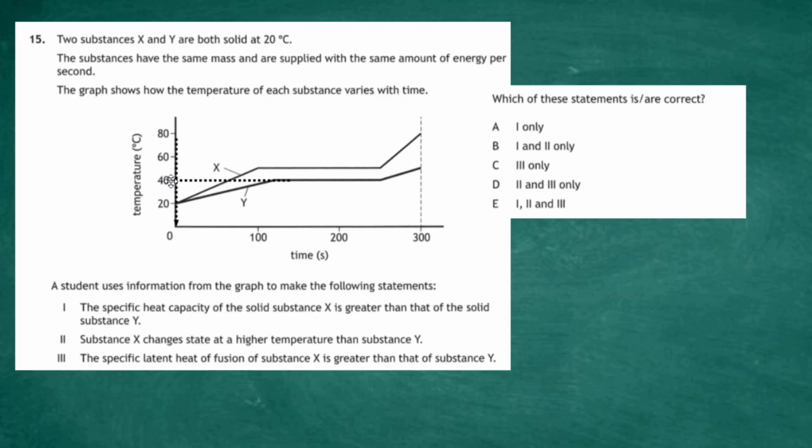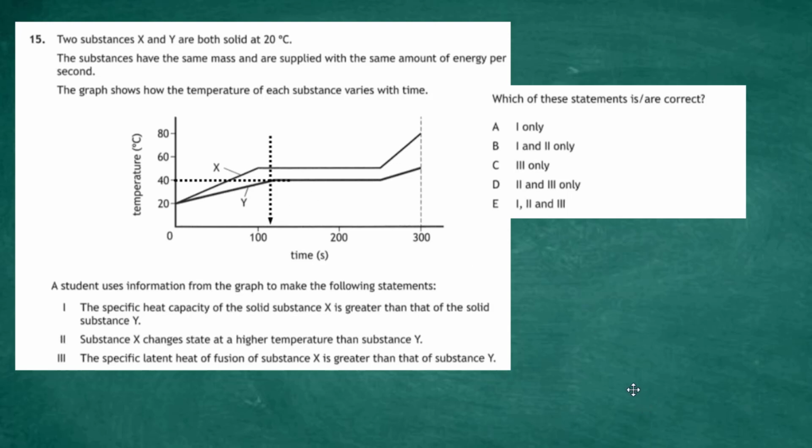As the arrow moves along, it's supplying energy, and as you can see, the temperature is rising in both X and Y. But X has reached 40 degrees first. So therefore it must have a smaller specific heat capacity than Y, because Y takes longer, therefore more energy, to get to the desired 40 degrees mark.